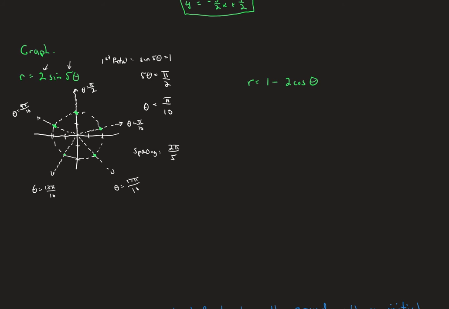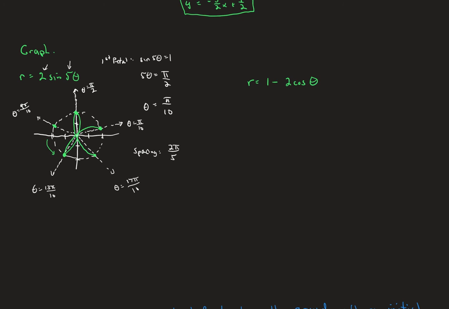The way you're supposed to draw this, although there's no way for me to see it because I'm not going to watch you do this, is if you imagine starting at the first petal, looking 180 degrees, and then going counterclockwise to the next end of the petal. I'm going to connect those two going through the pole. So I'm going to go through the pole to there, and then likewise through the pole to there, and through the pole to there.